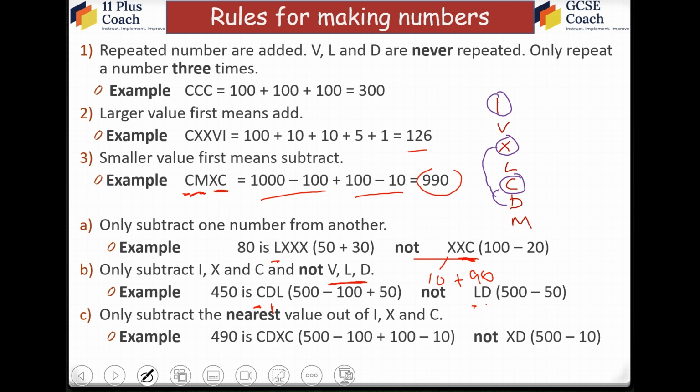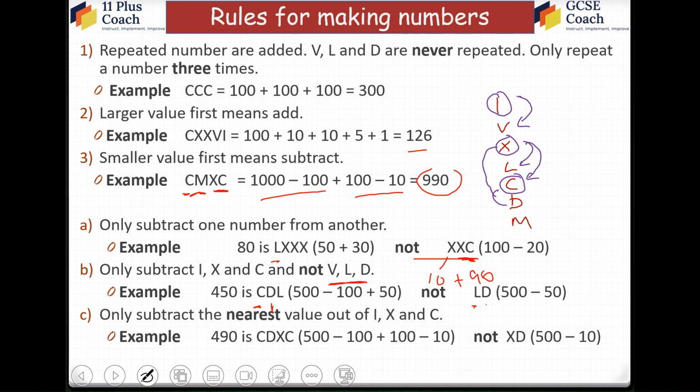I can only be taken away from V. You can't take away anything else from V, and X can only be taken away from L or C. So you can take away 10 from 100, but X will not be taken away from D or M. Just keep that in mind.